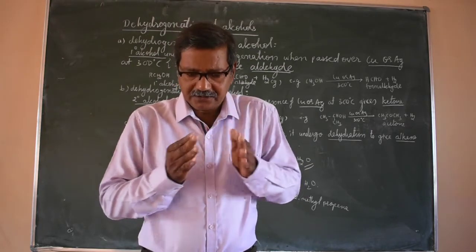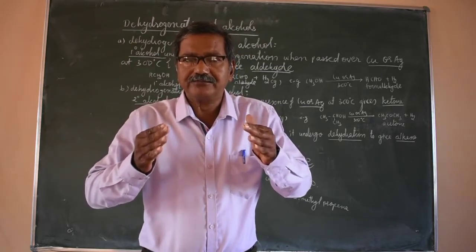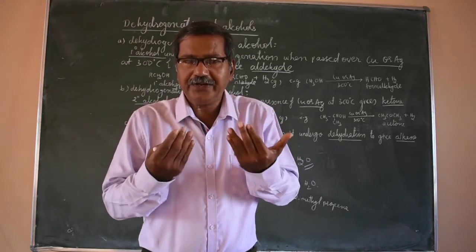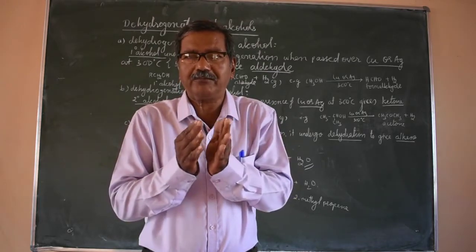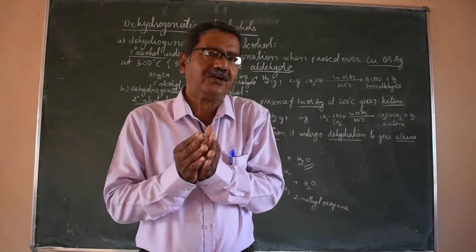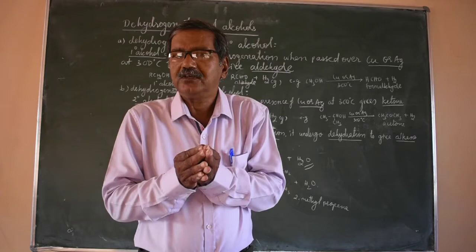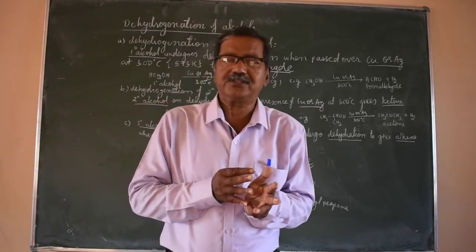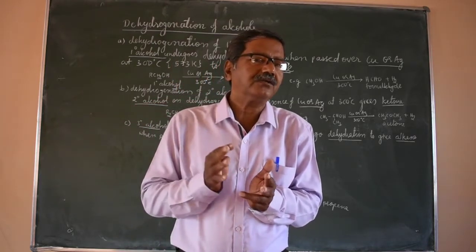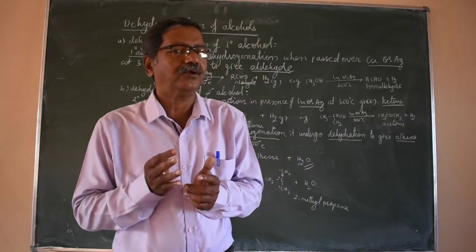Here the CH3 or alkyl group is an electron donor, and when we have a greater number of electron donor groups, the carbocation formed by the elimination of OH is more stable. So tertiary carbocation is more stable than secondary carbocation, which is more stable than primary carbocation.